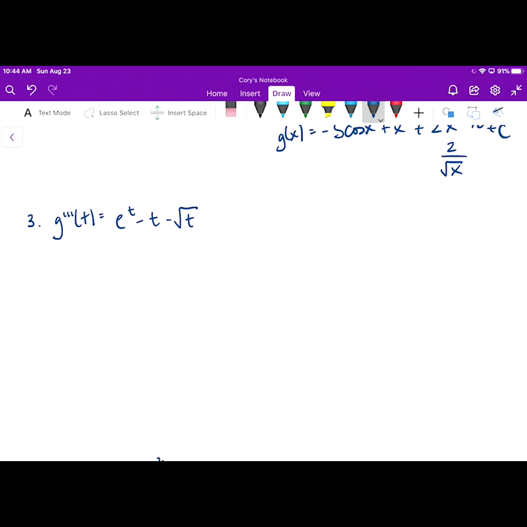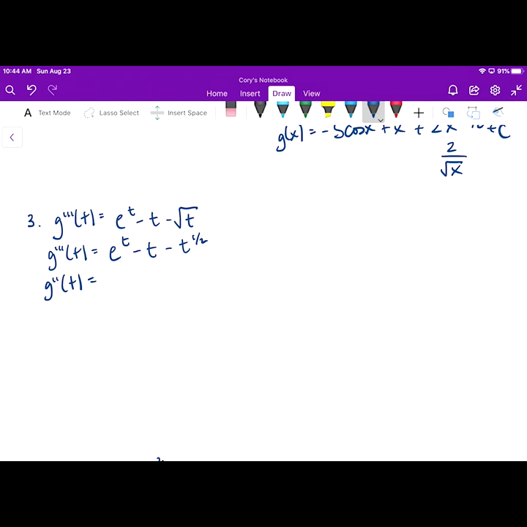The only thing you might want to do in this case to rewrite this before we can take the antiderivative is to take rad t and write it as t to the 1/2 power. So it makes it clear that we need to use power rule to take the antiderivative. Okay, so let's take the first antiderivative.